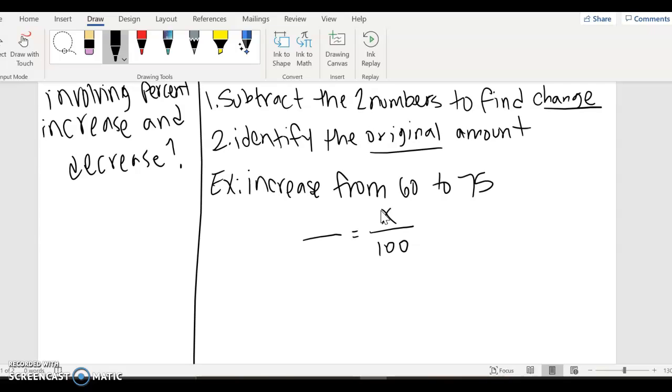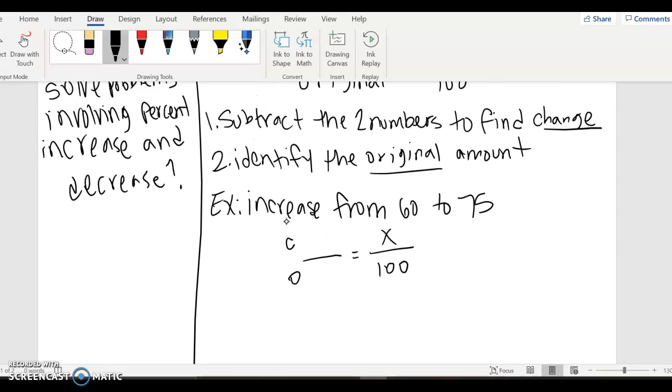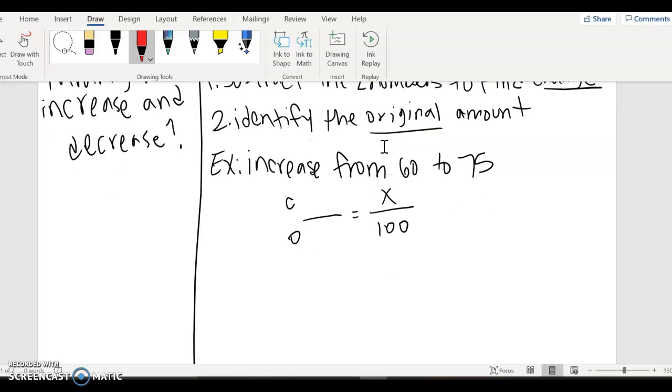And now this is where things are different than where they were yesterday. I'm not going to take 60 and 75 and just stick them in my proportion. We've got to find the change and be able to identify our original amount. So step 1 up here told us we have to subtract the two numbers we were given in order to find the change.